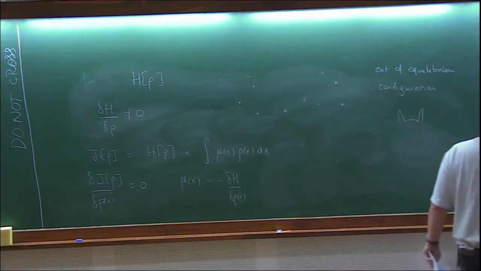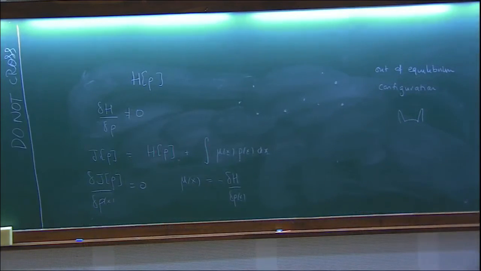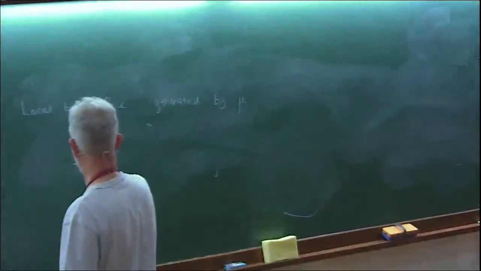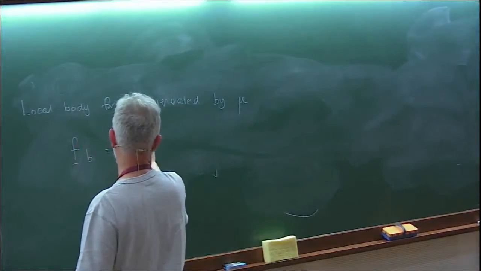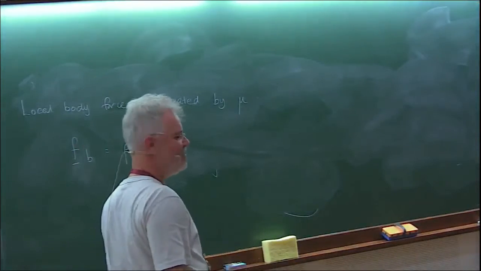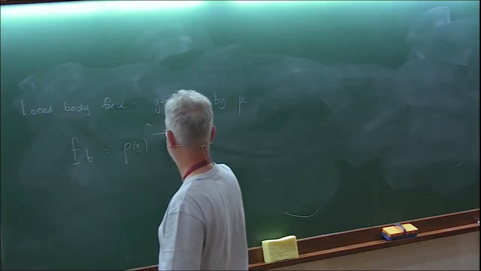Now, if I apply a potential in a system, the local body force generated by mu, well, this is a potential, so it must generate a body force, Fb, which is equal to the local density times the gradient of mu of x.